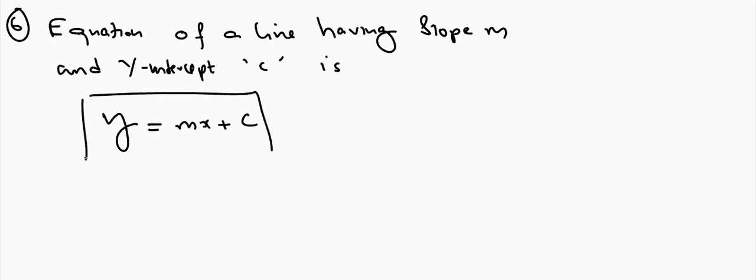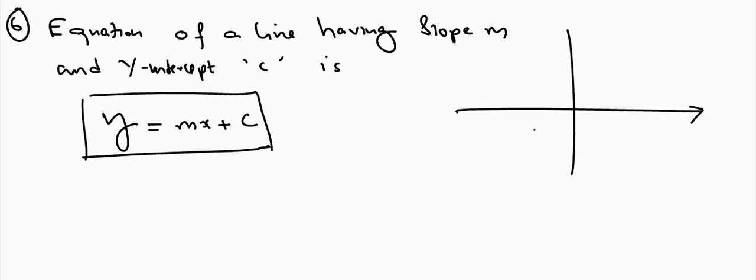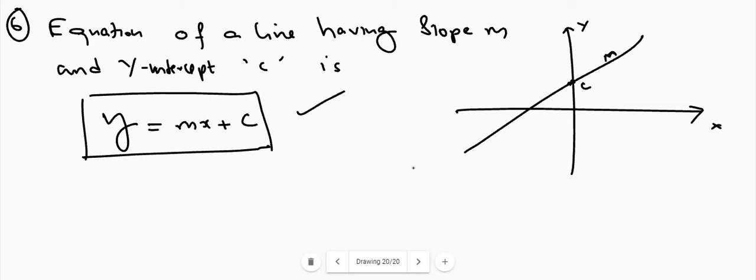If a line cuts the y-axis at the point c and has slope m, that means it passes through the point (0, c). If the y-intercept is c and the slope is m, then the equation will be y equal to mx plus c.